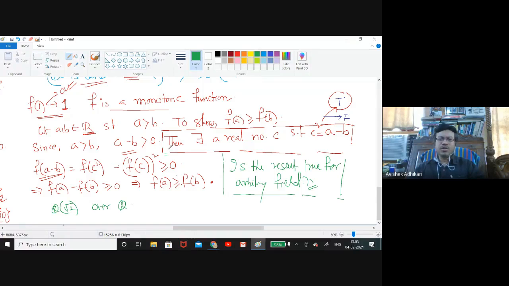Unless you read the whole thing in that way, you won't be able to crack good exams, because many things may be conjugated or added to a very simple looking proof. All of you know this result, and if you do it for normal things and then don't think about an arbitrary field, then your maturity won't be gained. So that's my request.